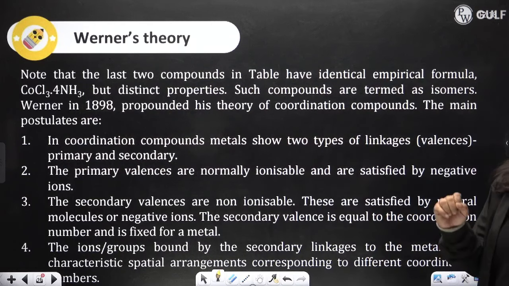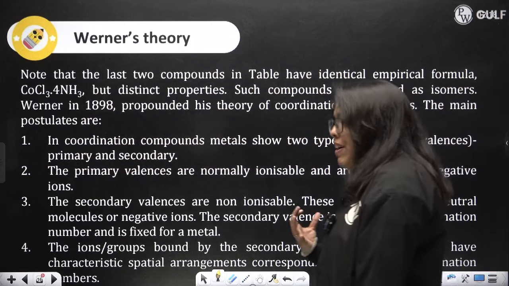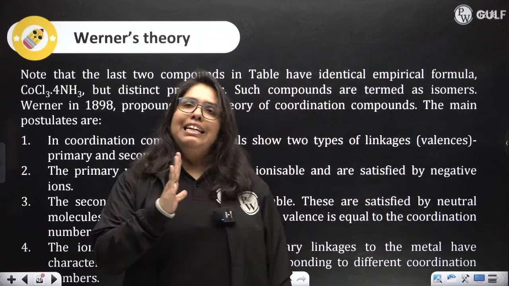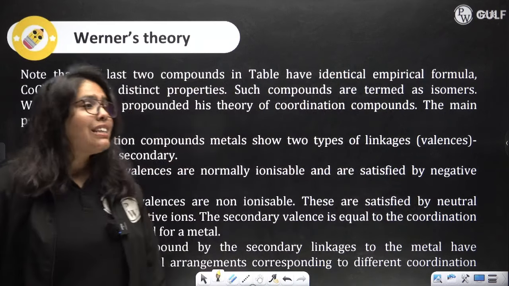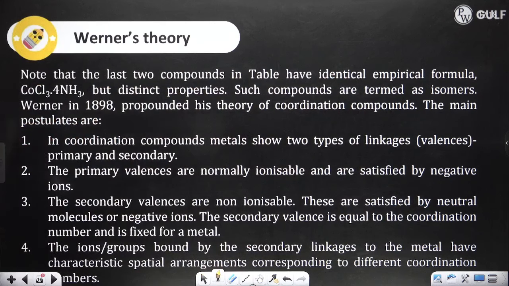And this particular secondary valency is directional. It has a particular direction. That is what is summarized over here. That is what Werner tried to explain. Please have a look.